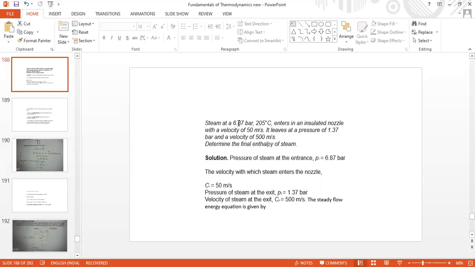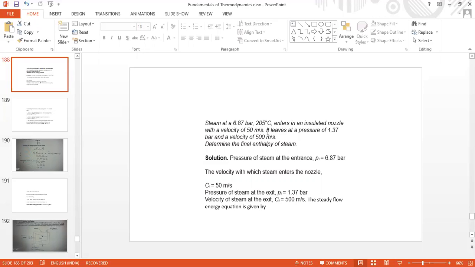In that way, the pressure has decreased, and correspondingly the enthalpy may decrease. If one property increases, another property decreases. In that way, one type of energy is converted into another type of energy.